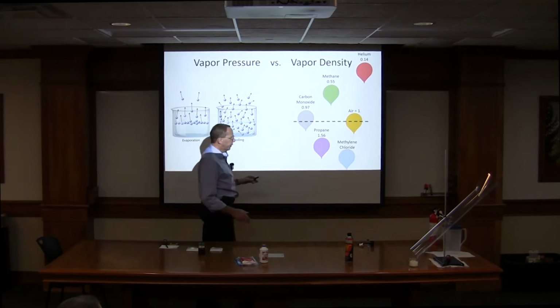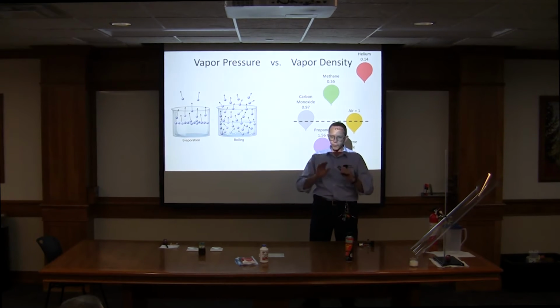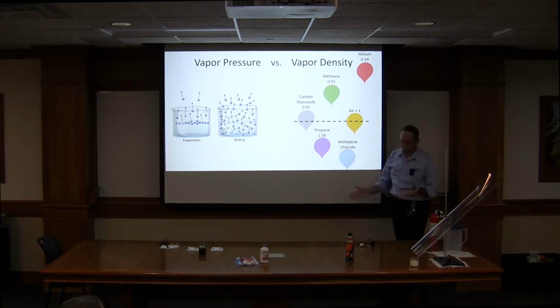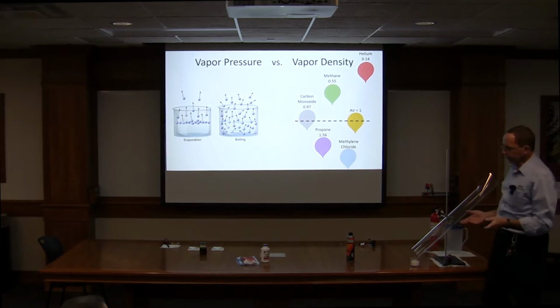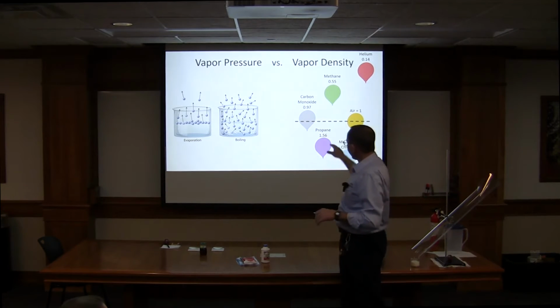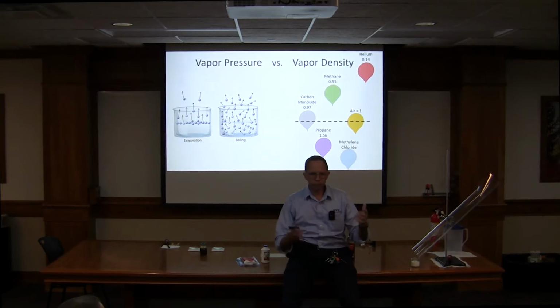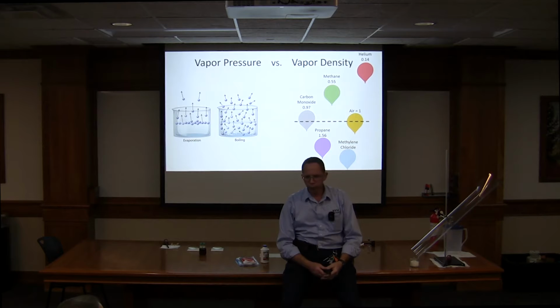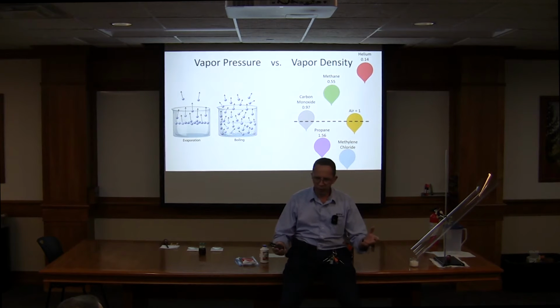Vapor density is, after those vapors do come off and they're in the air, do they tend to go down to low-lying areas or do they go up? So for example, air as a reference value is about 1. Carbon monoxide is very slightly less than 1. So what that means is you have your plugged vent on your furnace in your house, or you decide to bring your barbecue grill inside the house and burn it inside instead of outside, and you have all this carbon monoxide building up.